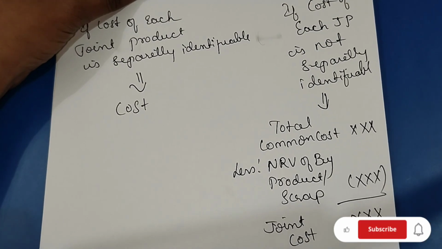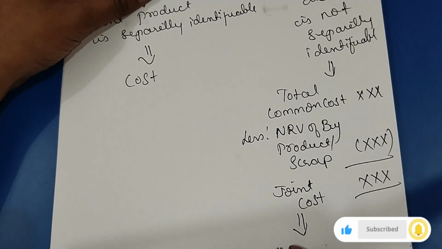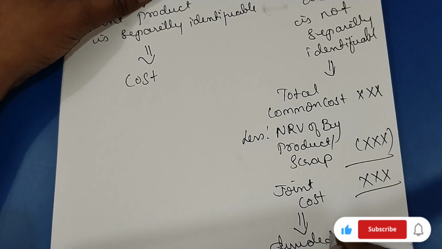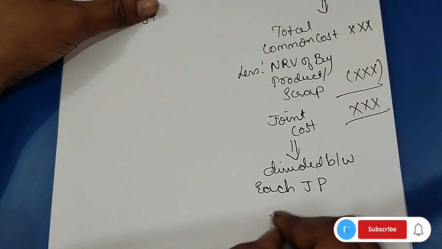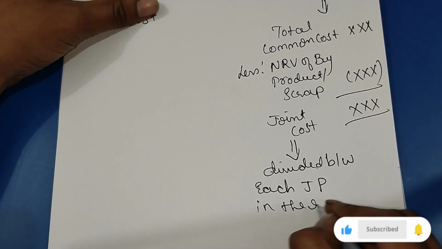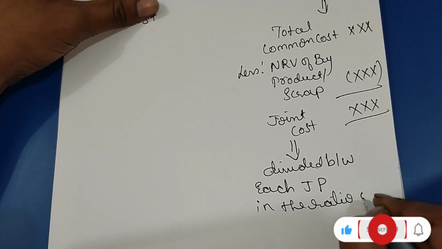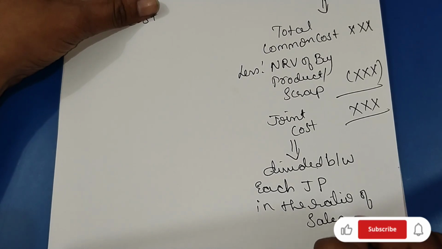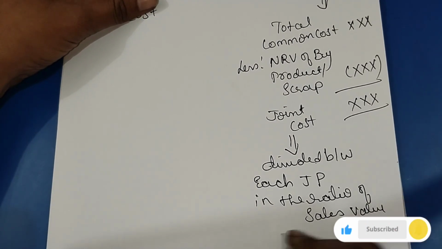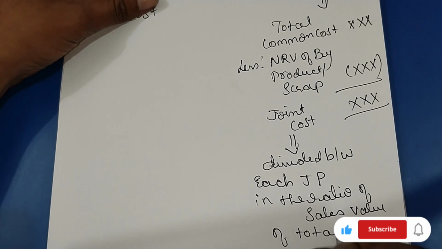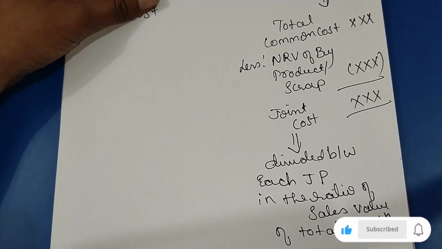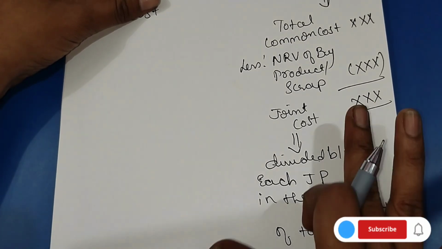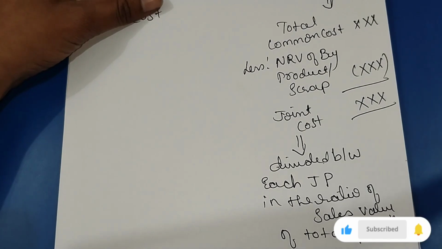So this joint cost you are dividing between each joint product in the ratio of sales value of total production. Based on that ratio, you divide this joint cost.